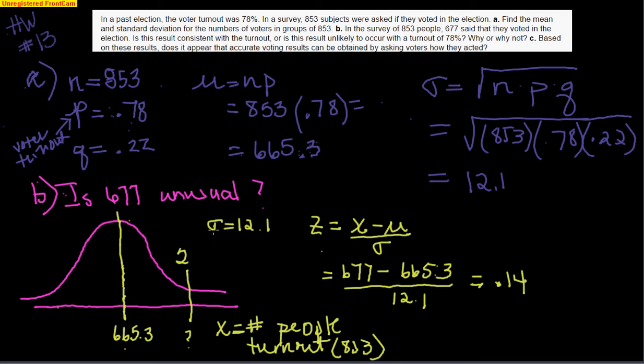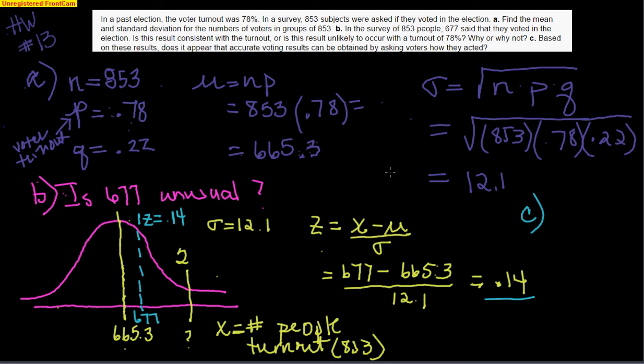Okay, so we're actually in very close. If I take another color here, I'm going to just plot this point here. 0.14 is just very, very close in. This is a z-score of 0.14, and that is where our 677 is. So I don't think that's unusual at all to have that kind of voter turnout.